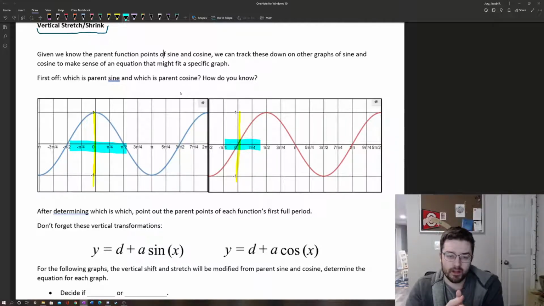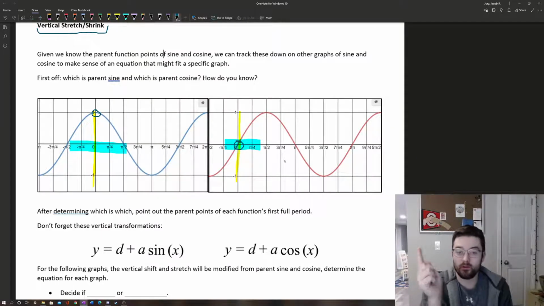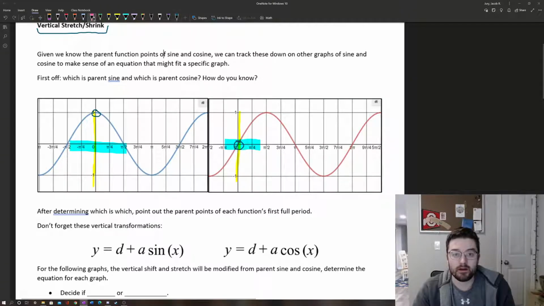I like to look at the peak being on that y-axis, or the 0 being on the y-axis. That's how I tell the difference between sine and cosine. When we talk about horizontal movement, which we're not dealing with today, then this becomes a little bit irrelevant. We can actually make a sine function look like a cosine function because they share the same pattern, just shifted some. But we'll explain more of that in the future.